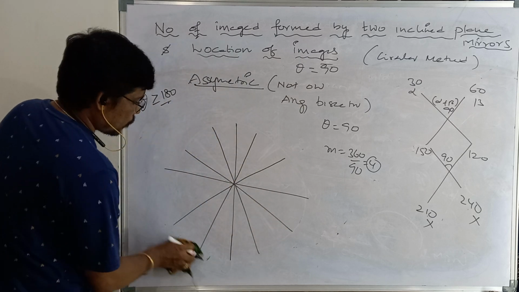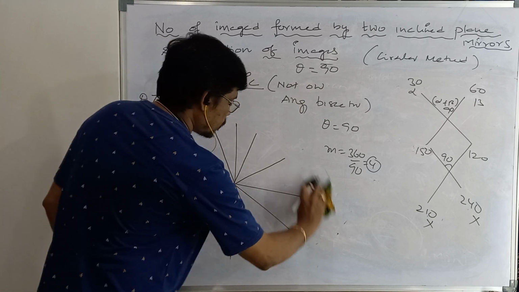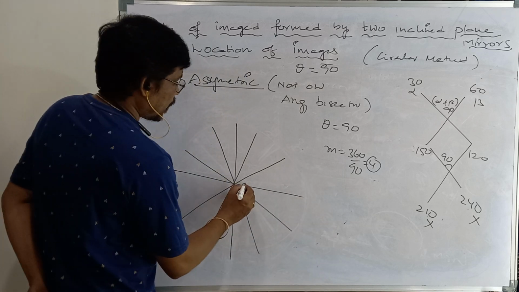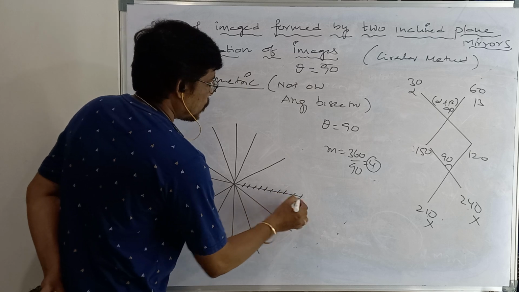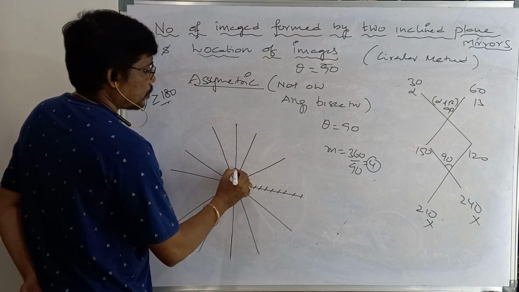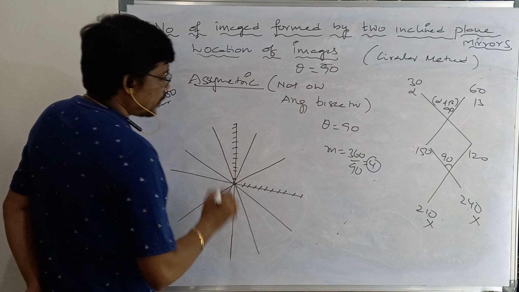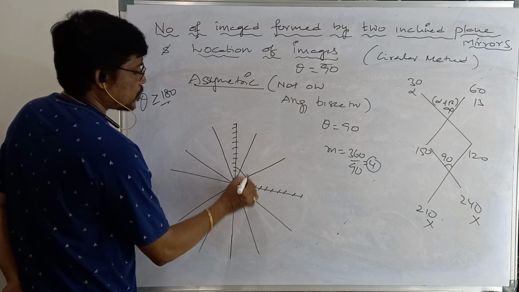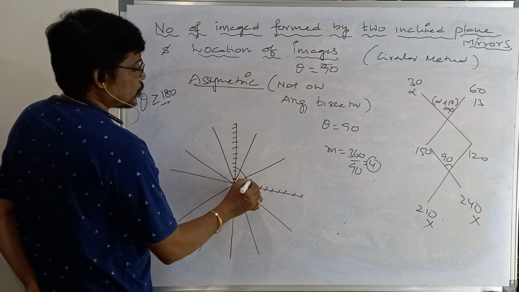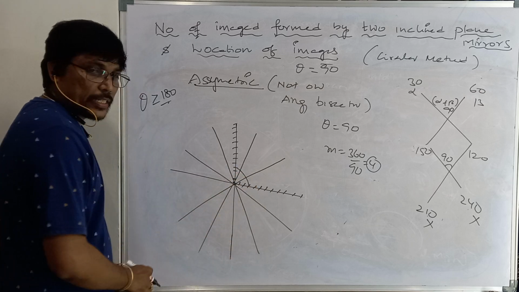Because of geometry, I am taking all these steps. Actually, this is one mirror and this is the other mirror. What is the angle between them? The total is 90.